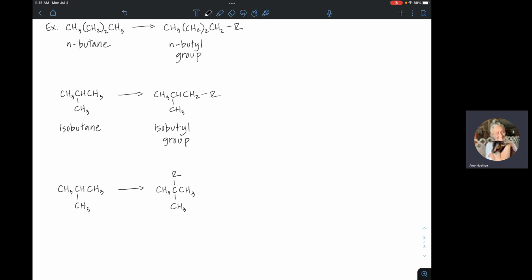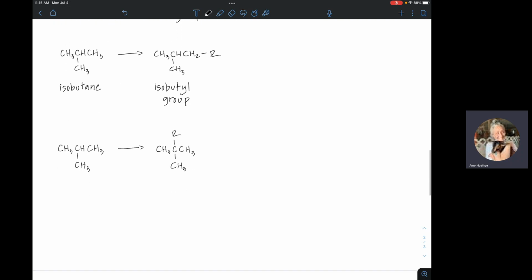That particular alkyl group is what we call a tert, for tertiary, butyl group. Or sometimes you'll see T-butyl. So now seems like a pretty good time to tell you about how we classify carbons.